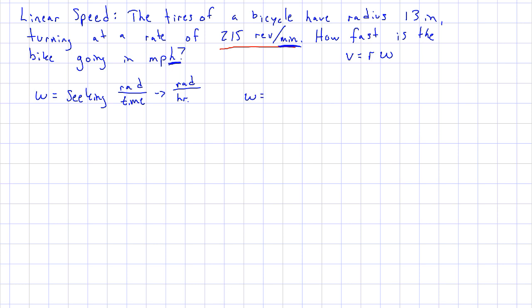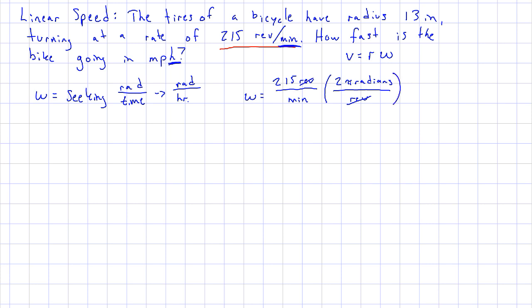Omega: I have that I'm going 215 revolutions per minute. I know that each revolution is 2 pi radians. So, parentheses here, 2 pi radians per revolution.